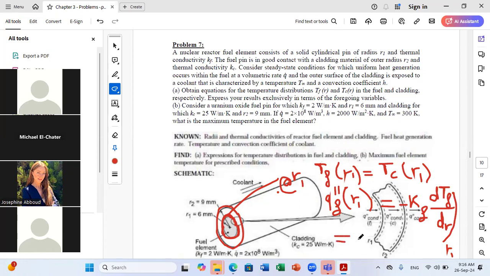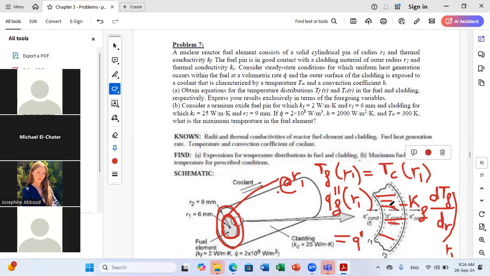q second c in the annulus. In the annulus material we have a constant conduction rate. The conduction flux is not constant, the conduction rate is constant. So it's equal within the material.